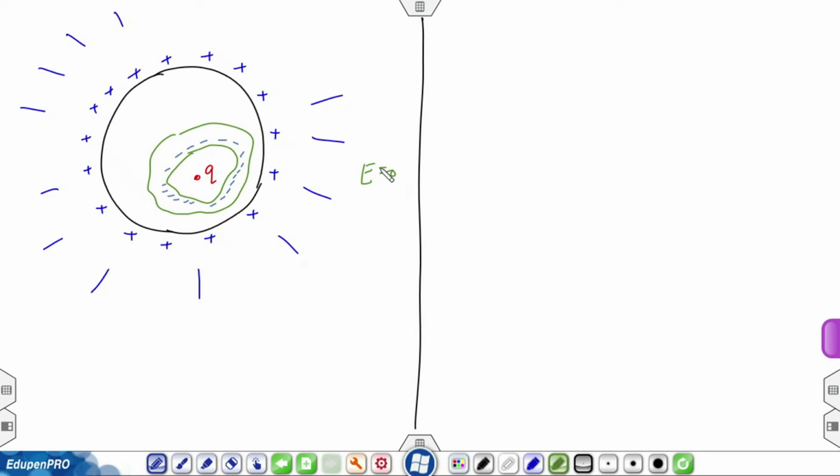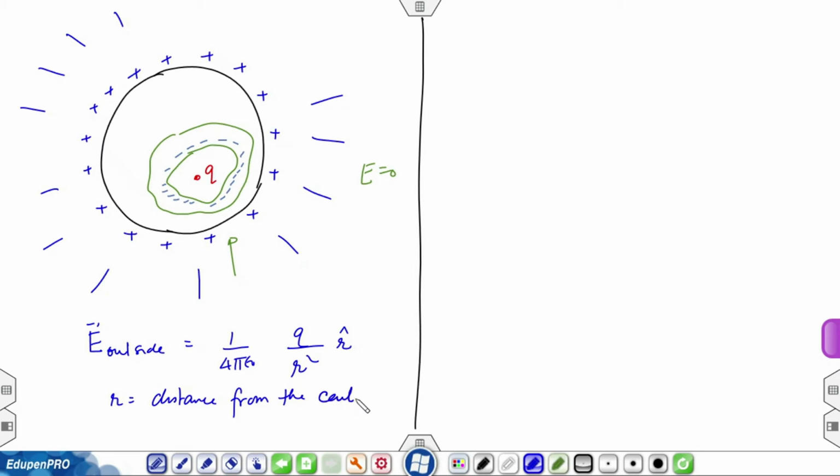So, the field is going to be only due to this q out here, and it is going to be spherically symmetric because charge is spherically symmetric, and therefore, E outside is equal to 1 over 4 pi epsilon 0 q over r square, r being the radial distance from the center of the sphere. Very clean. So, that is one way of looking at it.